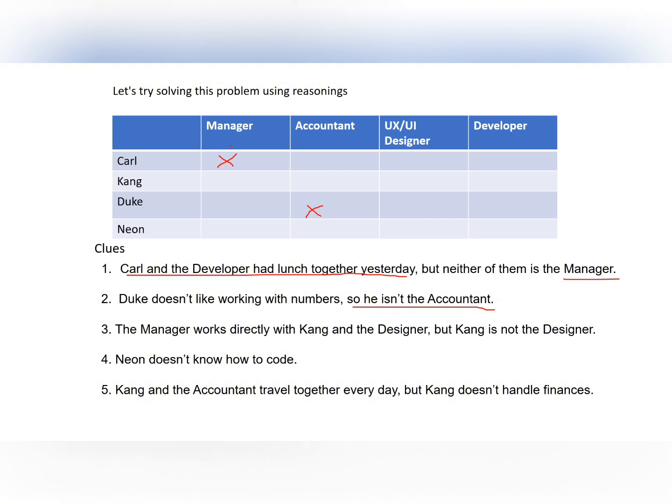Let's proceed to clue number 3. The manager works directly with Kang and the designer, but Kang is not the designer. This makes Kang not the manager and not the designer. So let's cross out the manager role and the designer role as well.